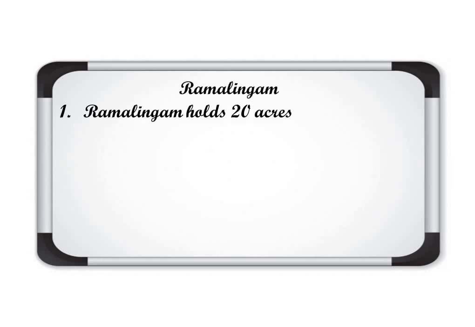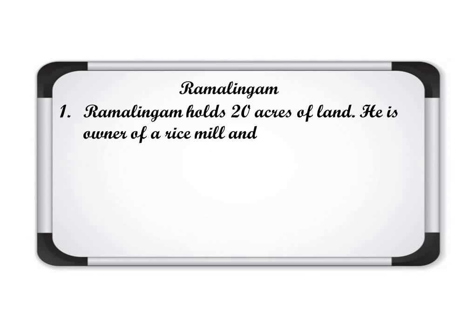Ramalingam holds 20 acres of land. He is the owner of a rice mill and a shop also. So Ramalingam is a rich farmer, we can say, with land of 20 acres, as well as the owner of a rice mill where different workers work and produce rice, and then they sell it to the market.